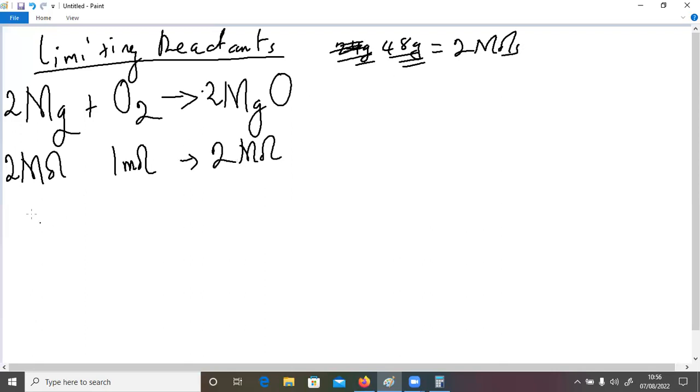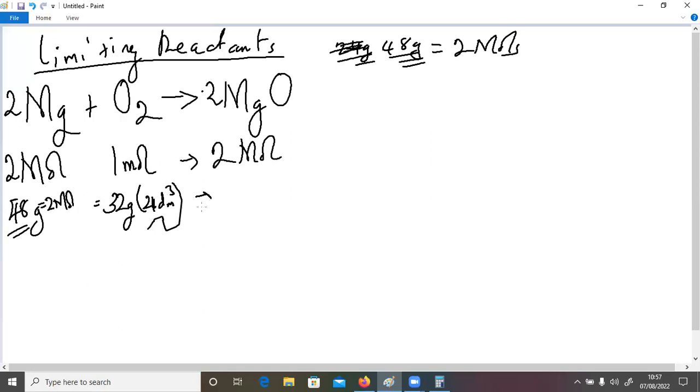So if I have 48 grams of magnesium, which is equal to 2 moles, it should react with 1 mole of oxygen, which I know is 32 grams or 24 dm cubed, right?